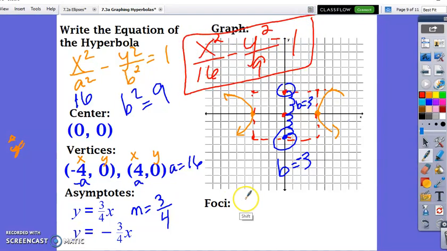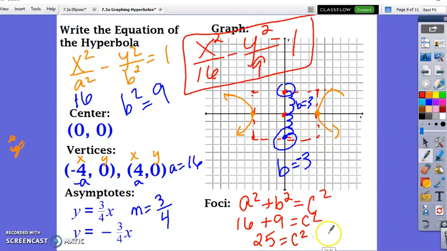I could go ahead and find my foci by doing a squared plus b squared equals c squared, which would be 16 plus 9 equals c squared. So 25 equals c squared. So the foci in this case would be at plus or minus 5, 0. So 5, 0, and negative 5, 0 would be my foci. And then the asymptotes here, I could have my full graph. The graph in this example is mostly just to help us find the equation.